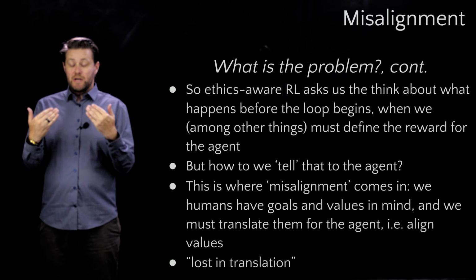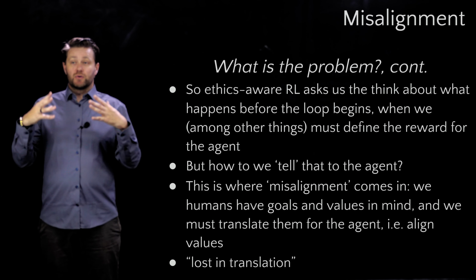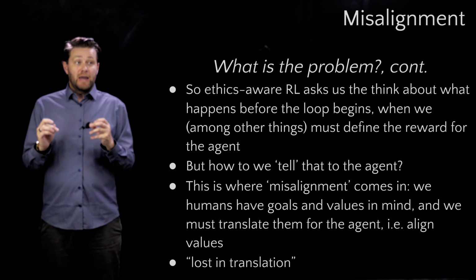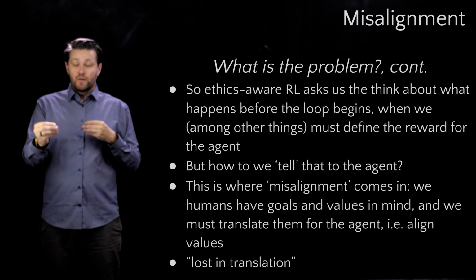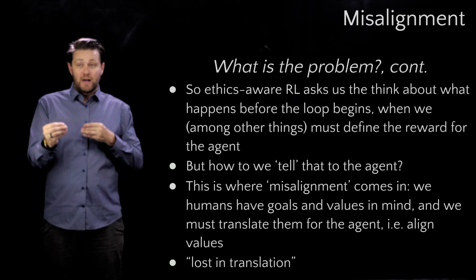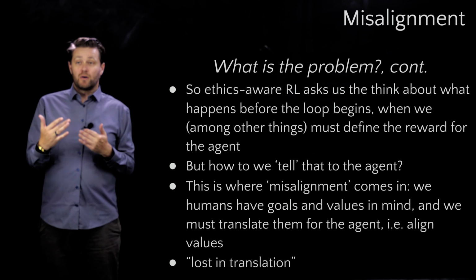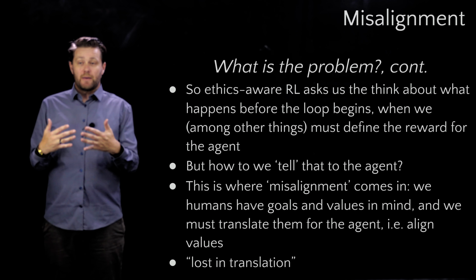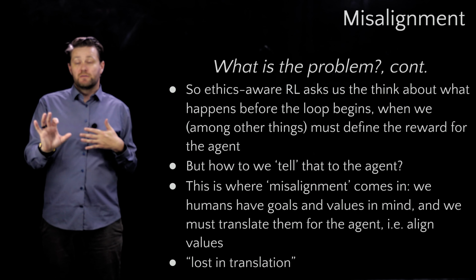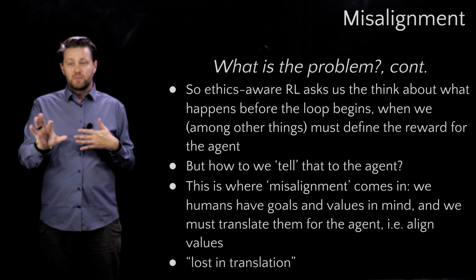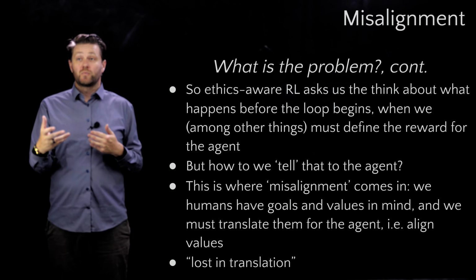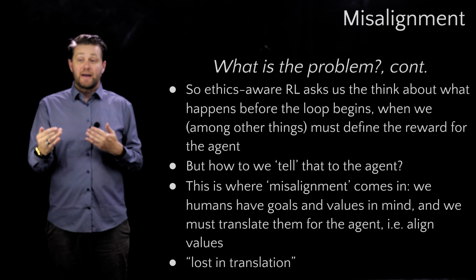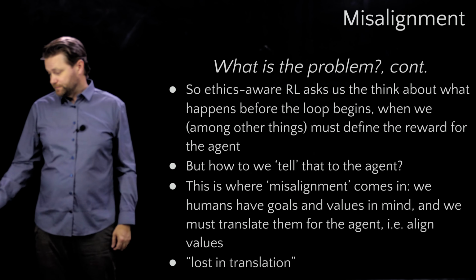Okay, so we humans have certain goals and values, and we're trying to communicate them to the agent. So we want our values to align with the agent's values, and there are some reasons that might not happen, right? So the robot might develop, or the agent, I'll just say agent because the agent doesn't have to be a robot, the agent might develop goals and values that are not our intention.